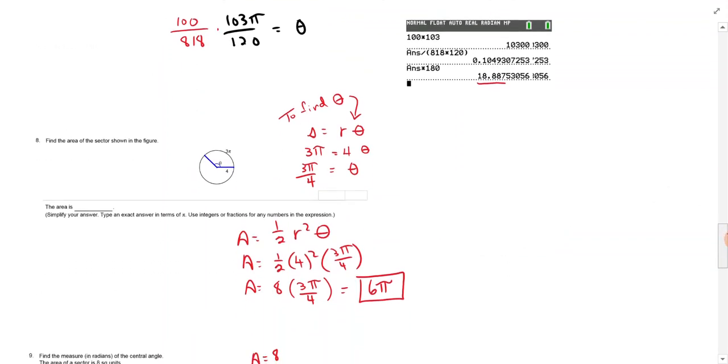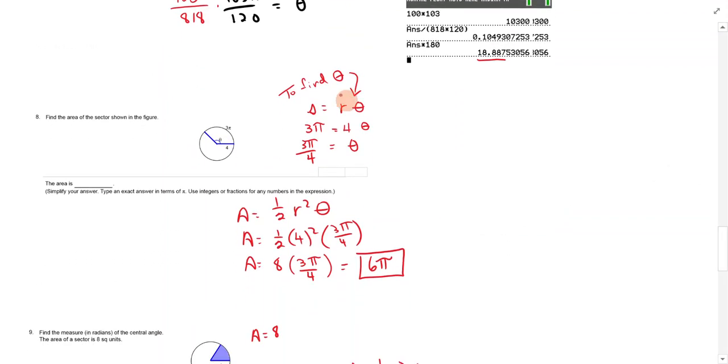Then we get to some areas of the sector. Find the area of the sector shown. We needed to find theta first, and so S is R theta. The arc length is 3 pi, and the radius is 4, and that ends up with a theta of 3 pi over 4.